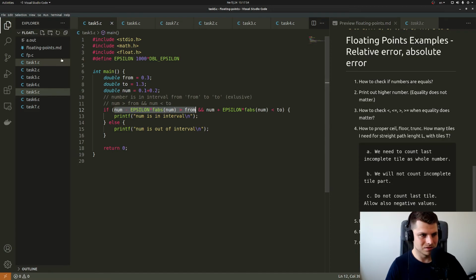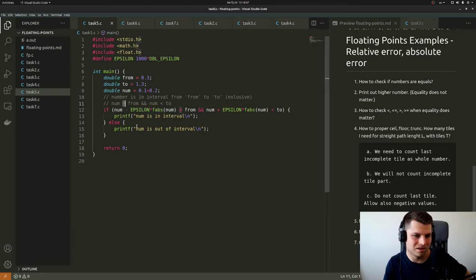This is the technique when we have to think about it. We can also expand it as greater than but not equal, and smaller than but not equal, like we did in task 3.